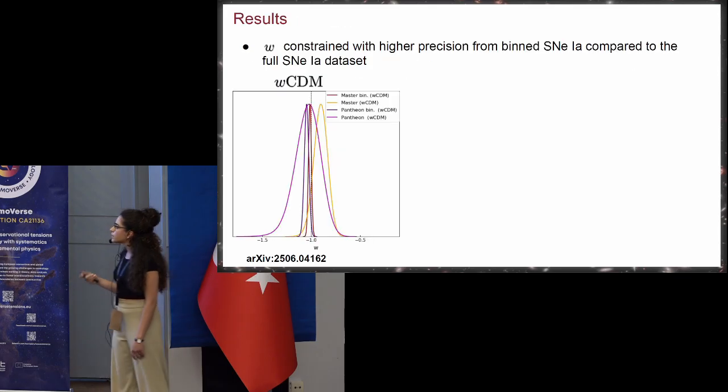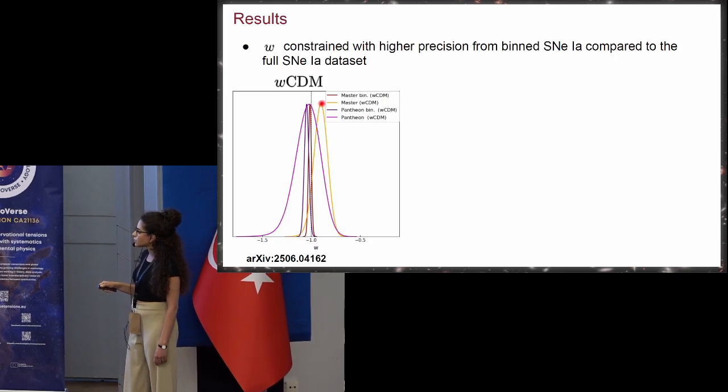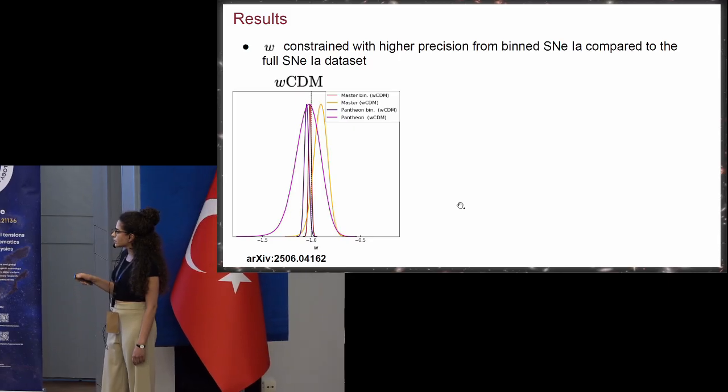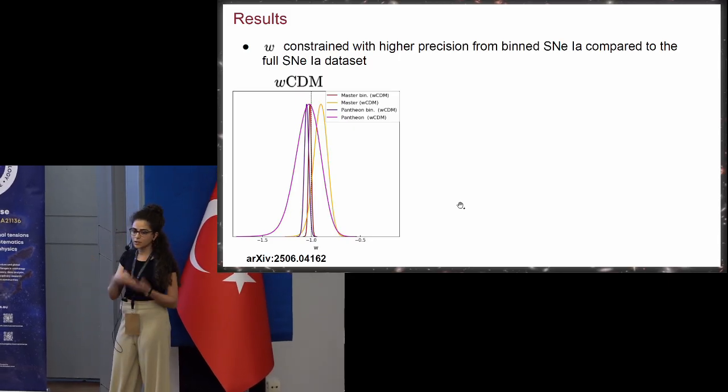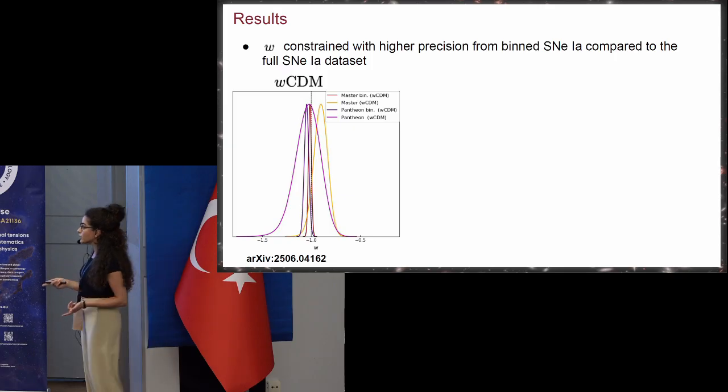So what we got from this analysis is that the first and the third case are the wCDM model with the binned supernovae data, and we compare the binned supernovae data with the full supernova sample. We see that the constraints on w are narrower compared to the ones from the full supernovae data, which are broader.